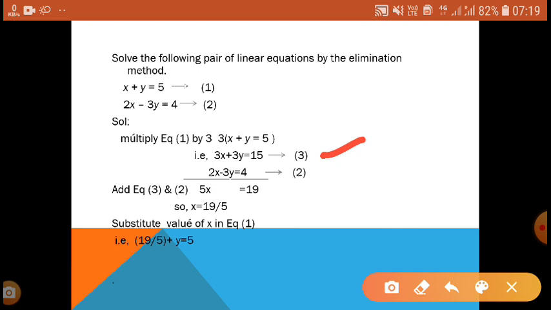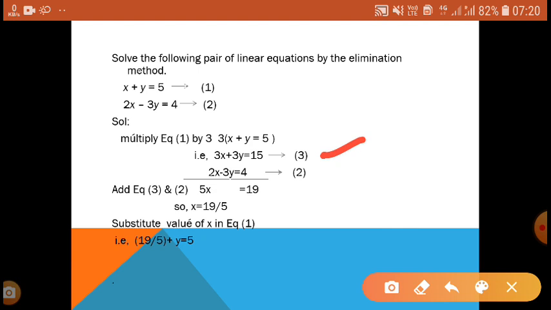In some cases you have to multiply both equations by some non-zero numbers, then only you will get equal coefficients. In such cases, equations 3 and 4 will be taken for further process. Now if I multiply only one equation, that is enough for me to get an equal coefficient for y. So I have taken 3 and 2.